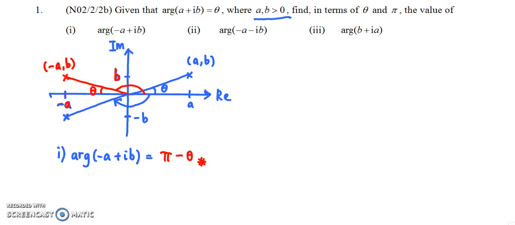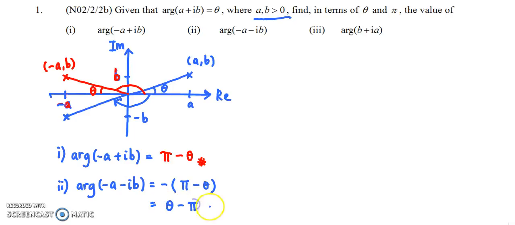But in this case, because it is a clockwise rotation, the argument of it has to be a negative value. So the answer for part 2, the argument of negative a minus ib, will be equal to the negative of the angle from part 1, which is pi minus theta. And therefore, we can conclude that the answer is theta minus pi.